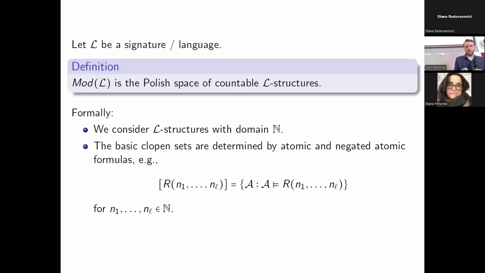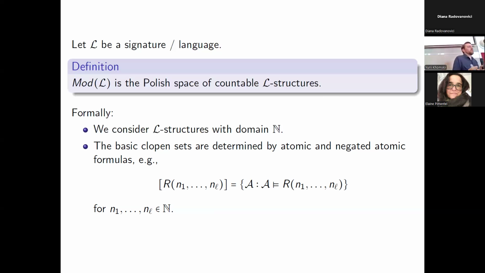Basically, what you're going to do is take some atomic or negated atomic fact about the structure. So if R is some relation, and these are natural numbers, which we're thinking of as elements of the domain, then we can say, I'm going to take all the structures that have that true. All the structures where this relation R really is true of these elements, that's going to be a basic open set.